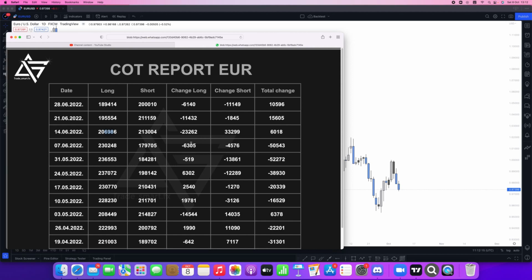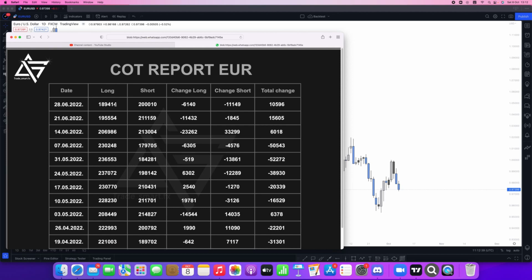But again, quick heads up, this is not exactly up to date. It's basically like a lagging indicator, they're always late. It's the same thing with the COT report. It's approximately three to five days late.